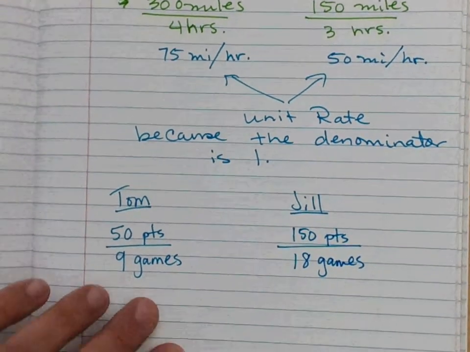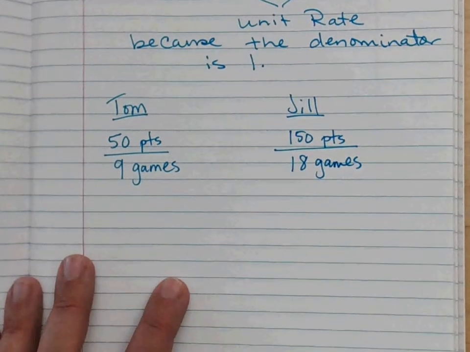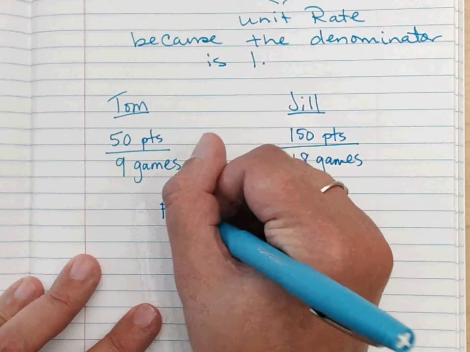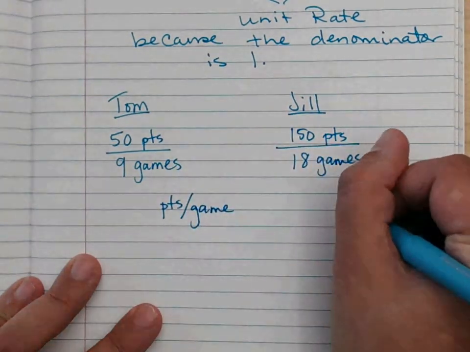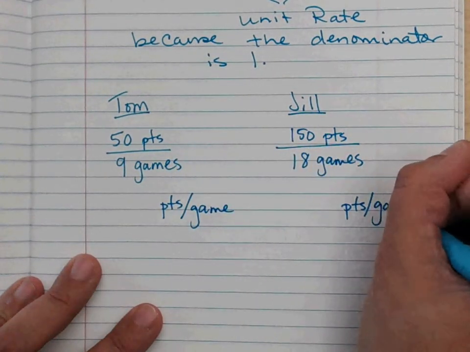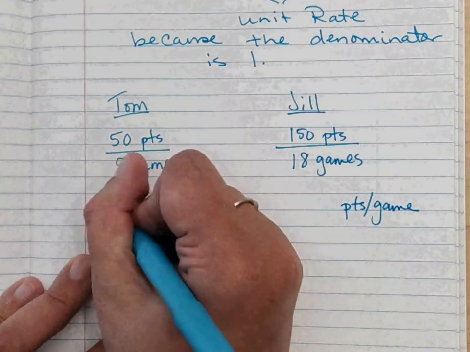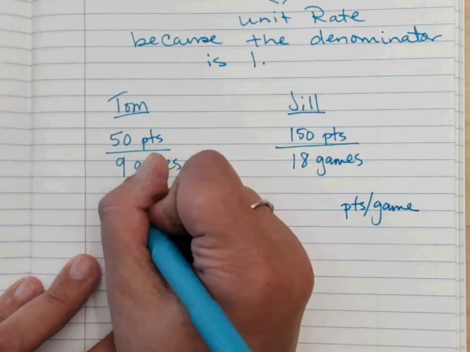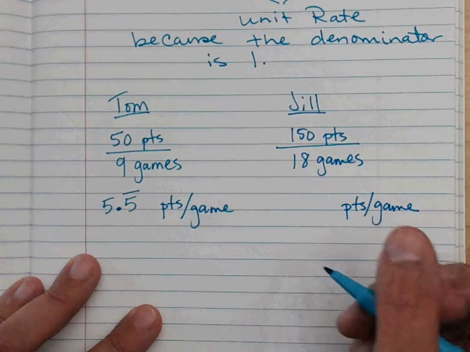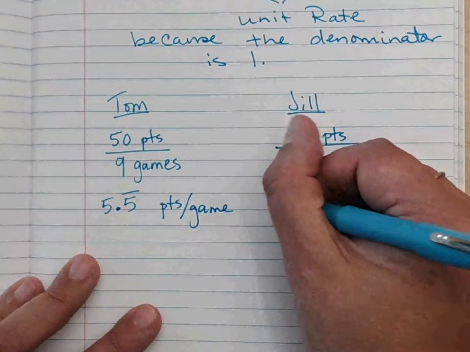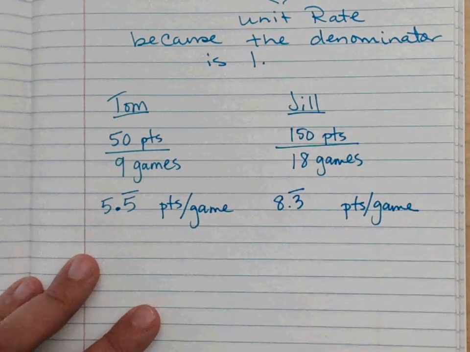Okay, who scored more points per game? So again, if I find the amount of points per game, that's going to be a unit rate. In order to do that, I'm going to divide 50 divided by 9, and he got an average of 5.5 repeating points per game, Tom did, whereas Jill, 150 divided by 18, she got 8.3 repeating points per game.